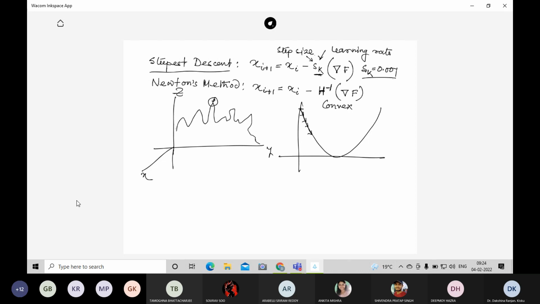Now, if we compare the speed of convergence between these two minimization functions, steepest descent and Newton's method, steepest descent, because of the linear value that we multiplied with the gradient of function, will take time to converge to the global minima.